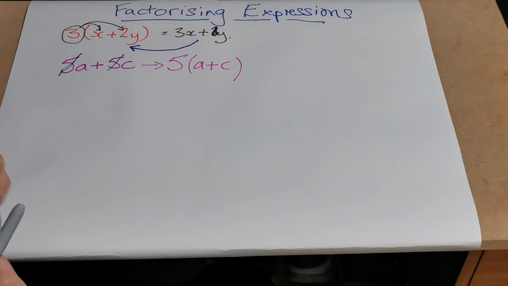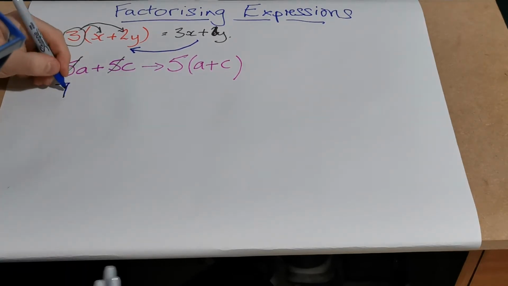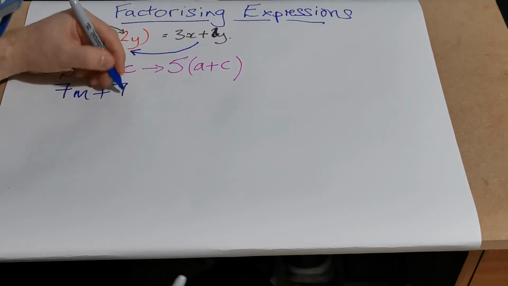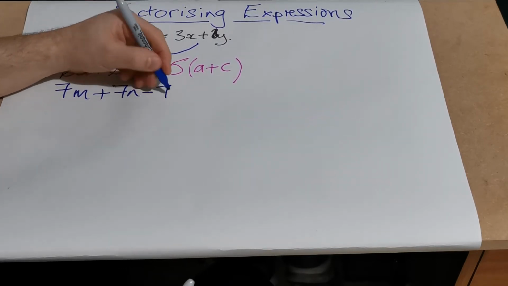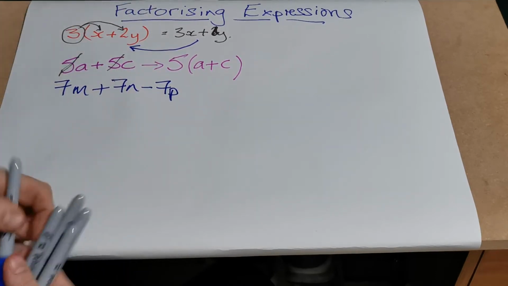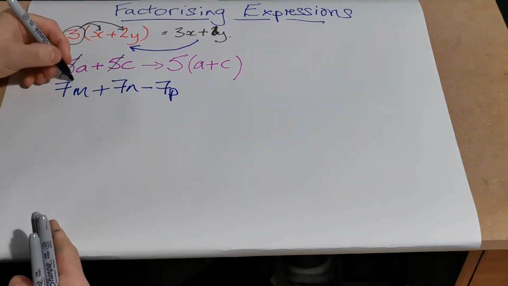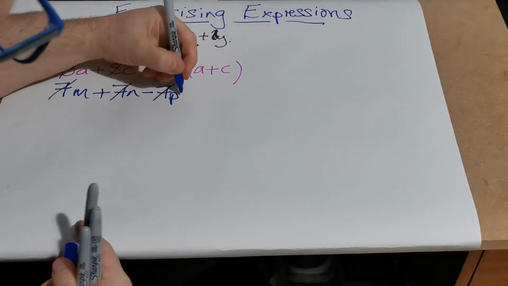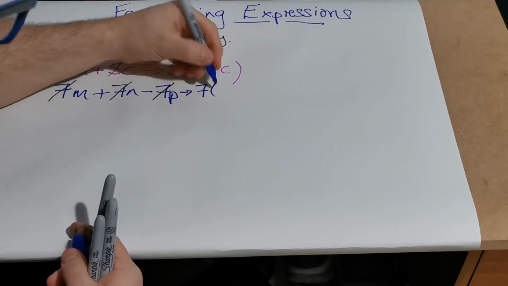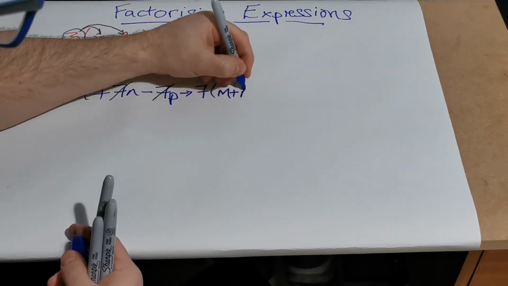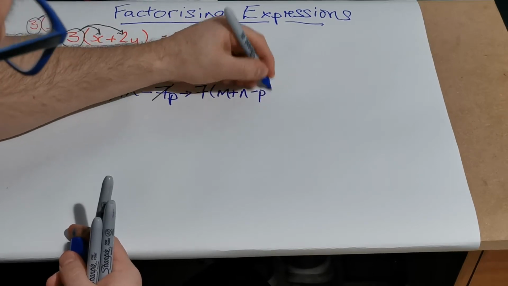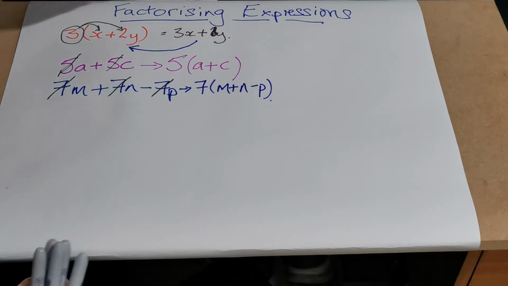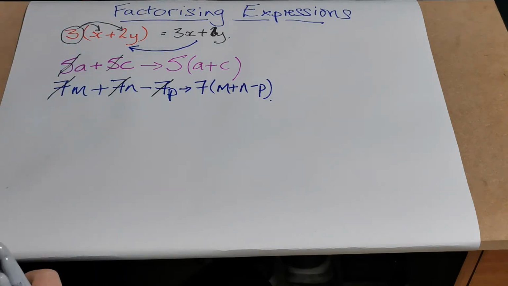Similarly, if you had 7m + 7n - 7p, the commonality across all of those is a 7 every time, and so what we get there is 7(m + n - p).